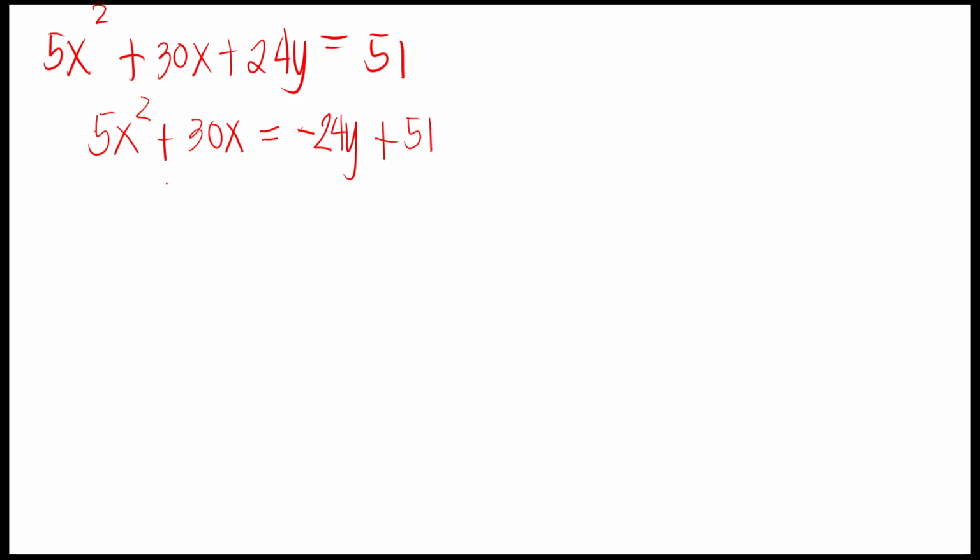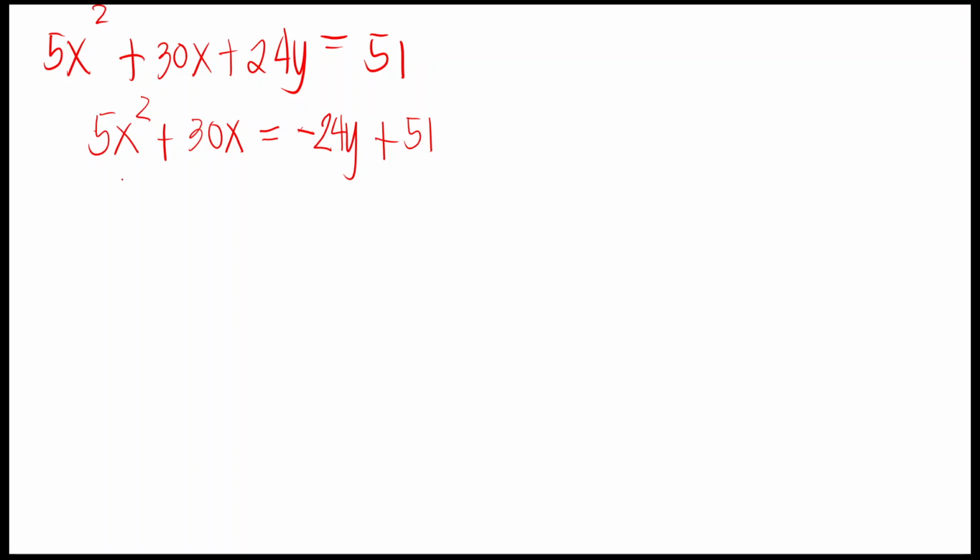Next thing to do is to complete the square for the left side, 5x squared plus 30x. But as you can see, it is easier if the coefficient of x squared is 1.